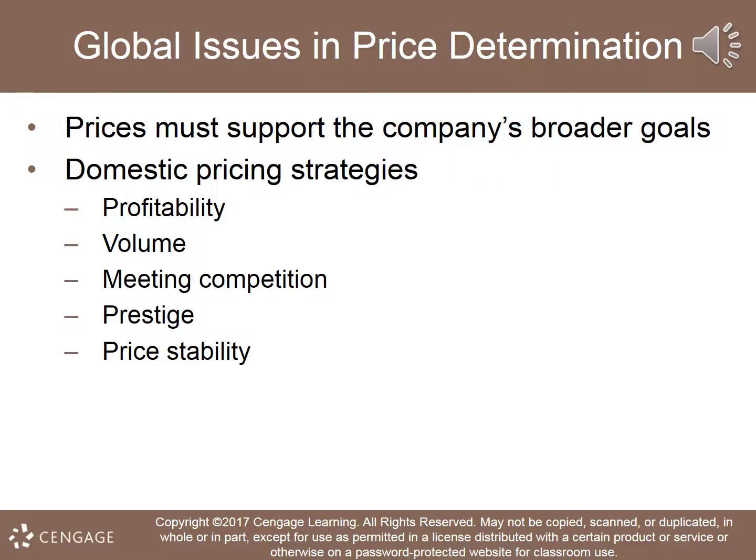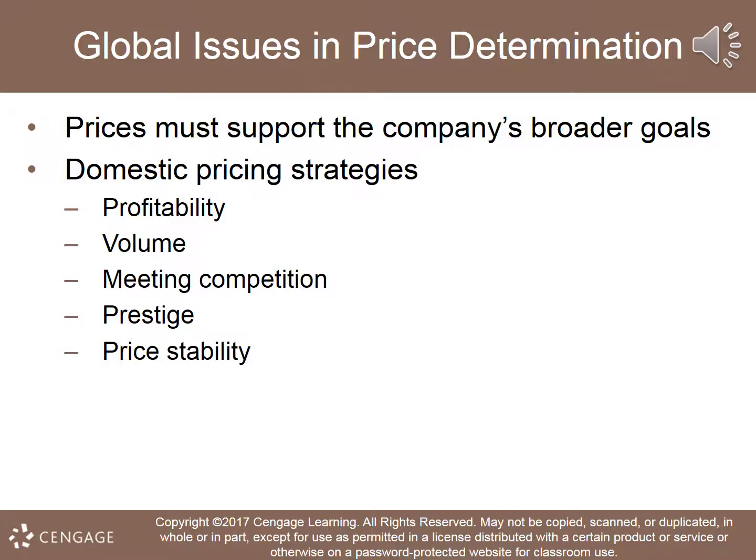To be successful internationally, a firm needs to face the challenge of setting prices in a global environment. A firm's global pricing must reflect its overall marketing strategy and support its broader goals, such as product development, advertising and sales, customer support, planning, and financial objectives.